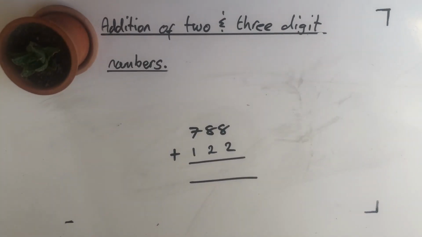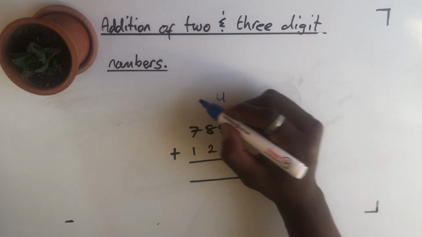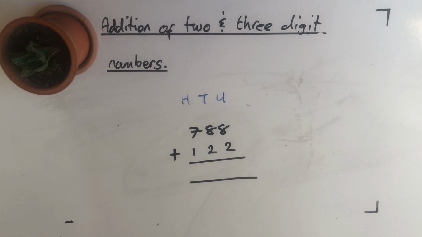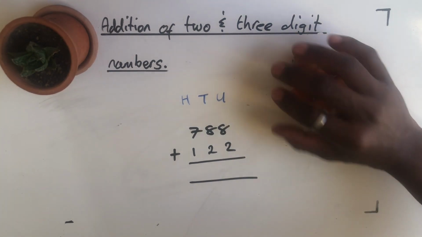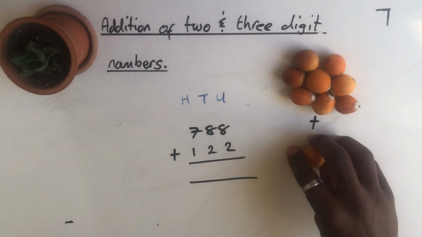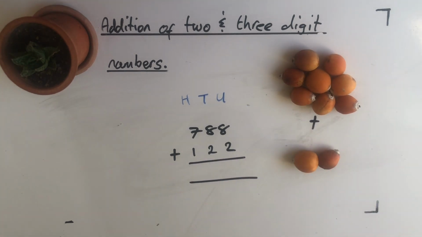Let's not forget, we label units, tens, hundreds. Okay? So, we start with the units. I have 8. So, that is 8 plus the 2, right?